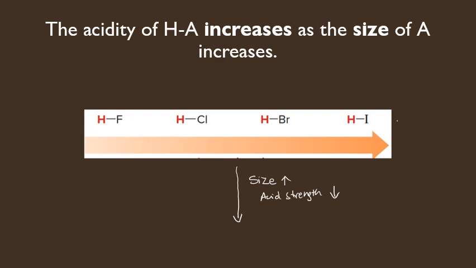When you look at this example, we can see fluorine, chlorine, bromine, and iodine from top to bottom. So HI will be the stronger acid and HF is going to be the weaker acid. That is along a group. The reason for that we can explain in terms of the size and the polarizability.